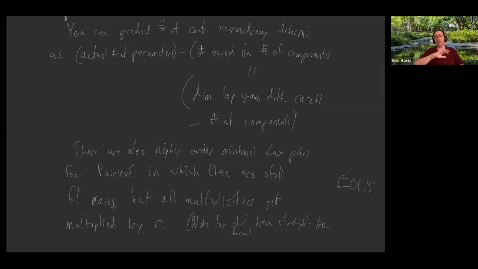The reason why this is tricky is that the continuous isomonodromy deformations only really exist at the non-autonomous level. Or rather, if you go autonomous, you have this symplectic structure.